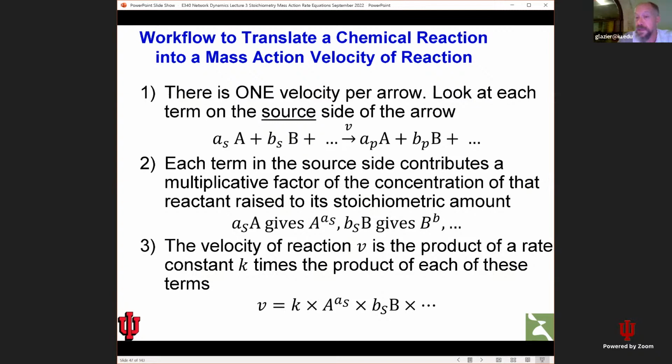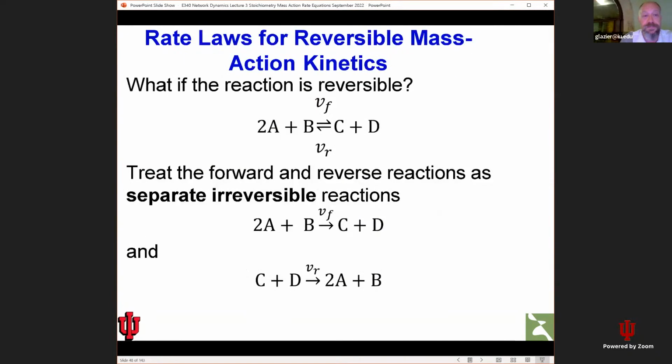And then we have to multiply by the rate constant K. So the velocity of reaction is K times A to the a_s and B times... Actually, I've got that written wrong there. It would be B to the b_s. Boy, I've used that slide for years and I didn't catch that. People should help me point it out. I can't pay you, but I can give you some brownie points for correcting my slides.